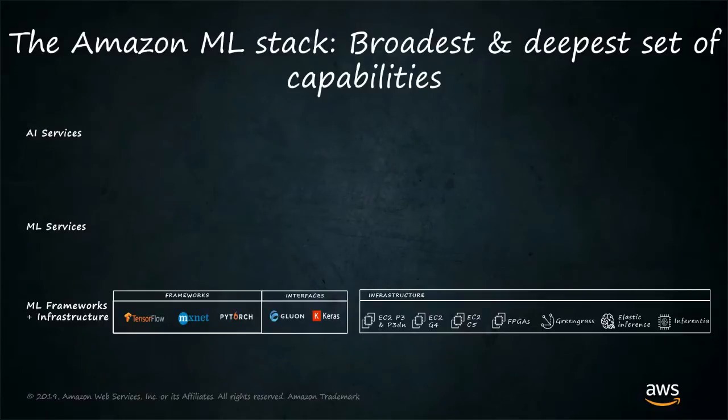The low level layer includes the basic ML frameworks, like TensorFlow, PyTorch or Keras libraries, and they also provide you with infrastructure, which includes GPUs, EC2 instances, or FPGAs, depending upon your requirement.